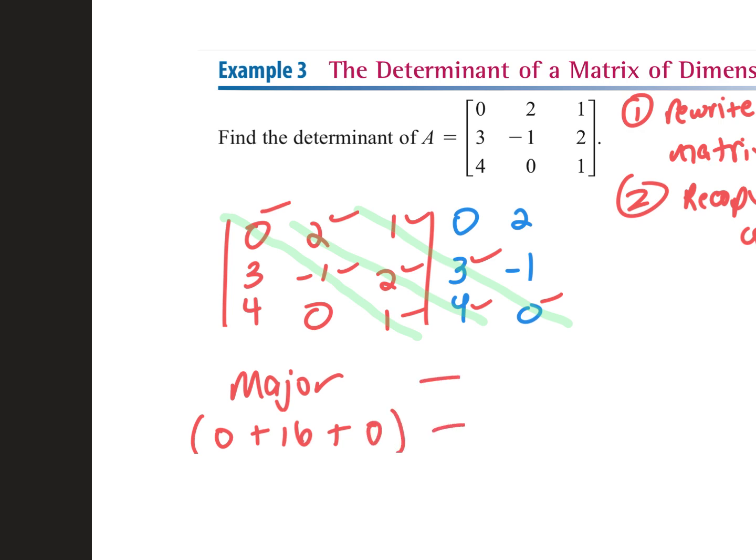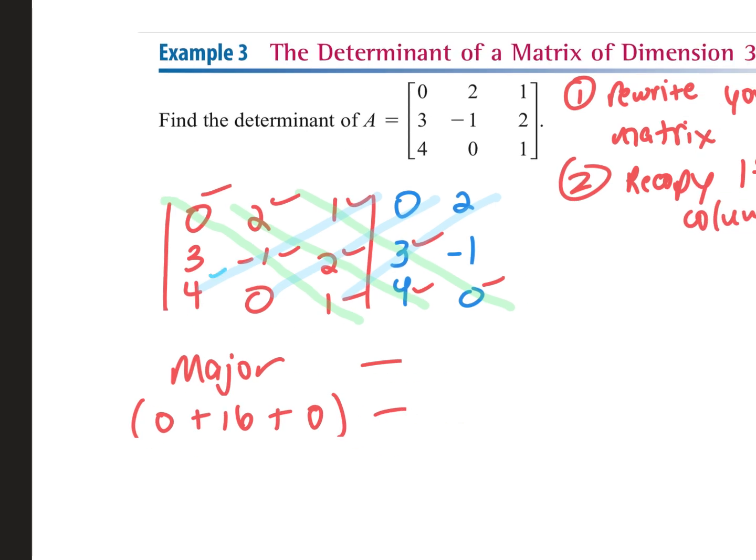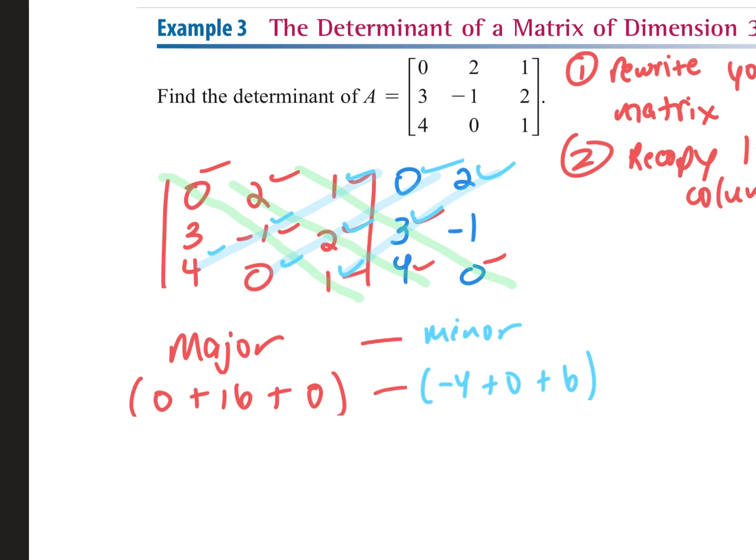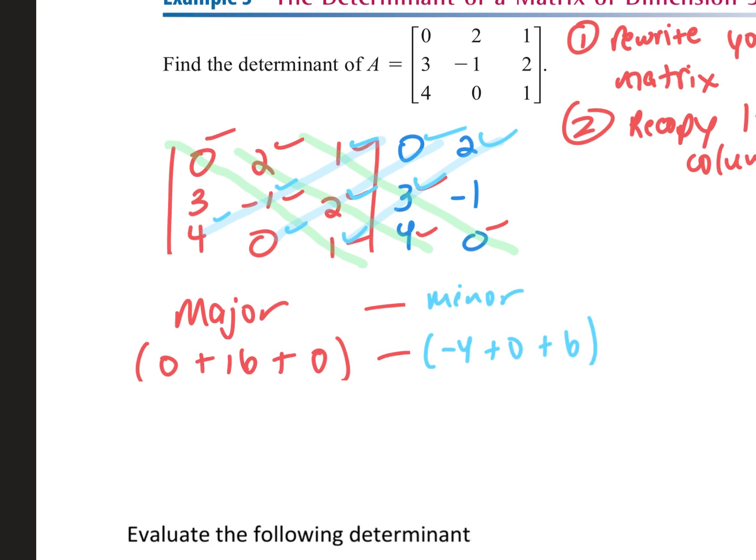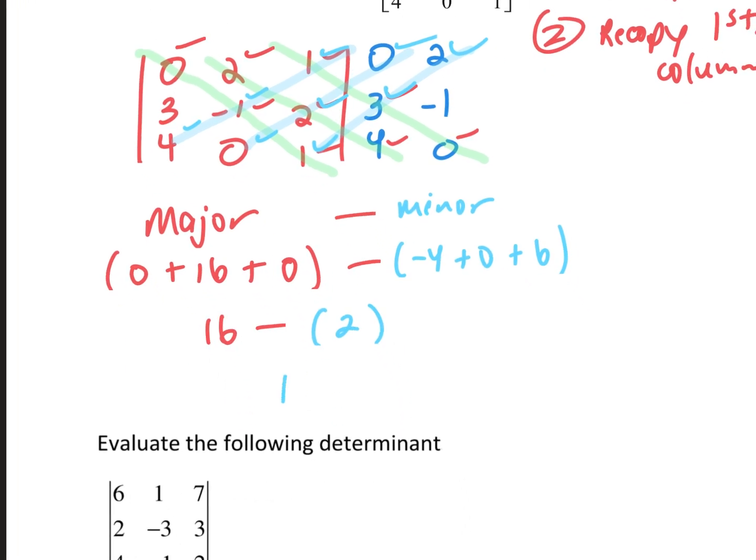Major minus your minor. Our minor is going to be right here, here, and here. So I have 4 times negative 1 times 1 is negative 4. 0 times 2 times 0 is plus 0. And then I have 1 times 3 times 2, which is plus 6. So now we simplify, guys. 0 plus 16 plus 0 is 16, minus negative 4 plus 0 plus 6 is 2. And then 16 minus 2 is 14. And there's your determinant. Literally that simple.